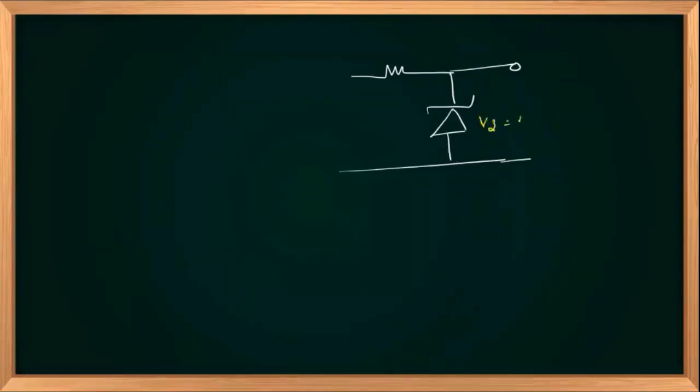Your Zener diode is placed like this. Simple example. It is given that Vz of the Zener diode is 5 volts, and this is R. Let us assume my input is a 10 sin omega t signal, and you are asked to identify the output voltage, V out.